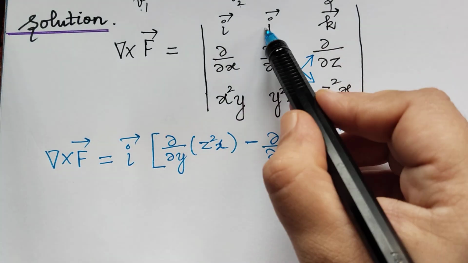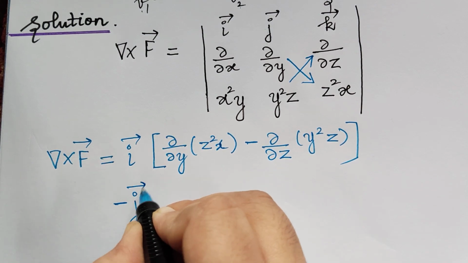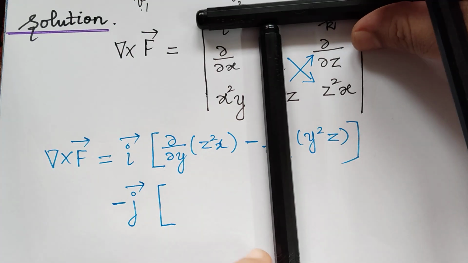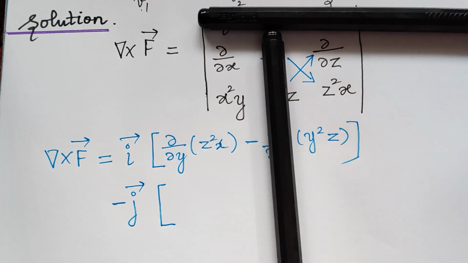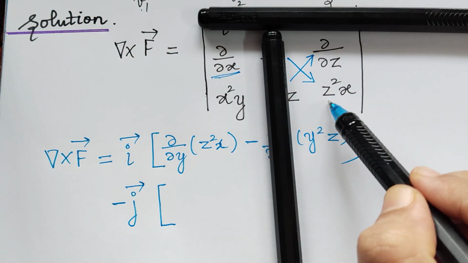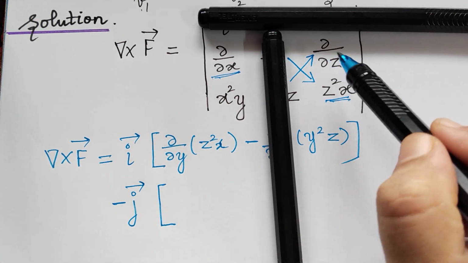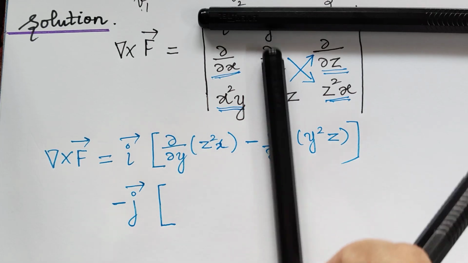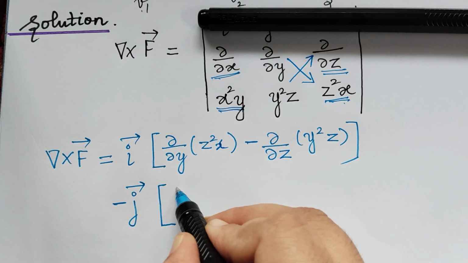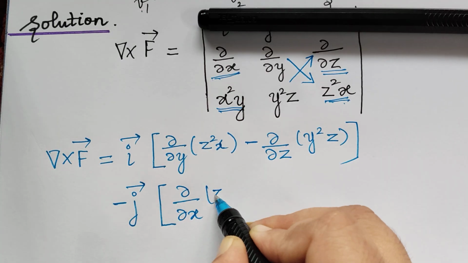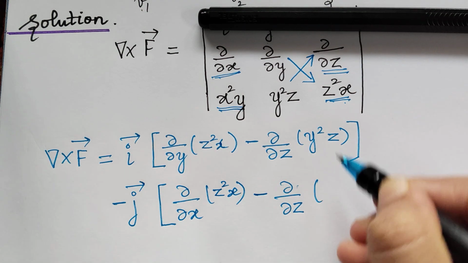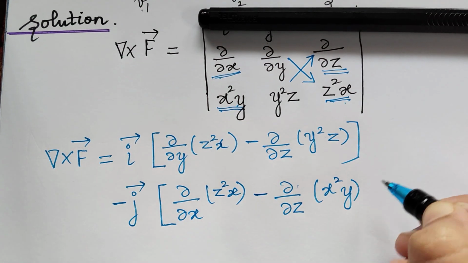So it will be minus j vector multiplied with what is left after blocking the corresponding row and column: ∂/∂x of z squared x minus ∂/∂z of x squared y. Now this is done.